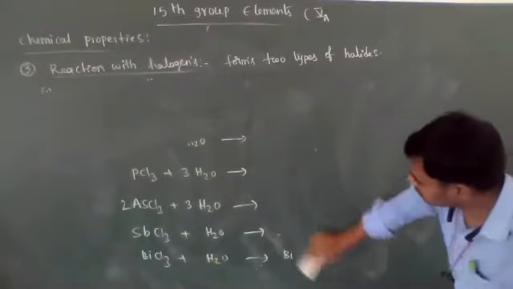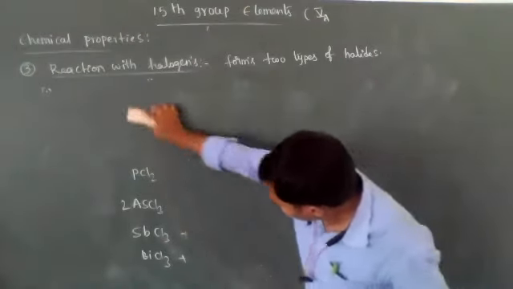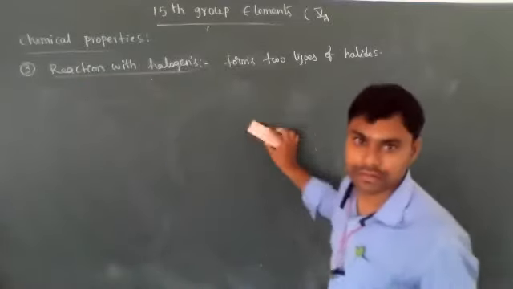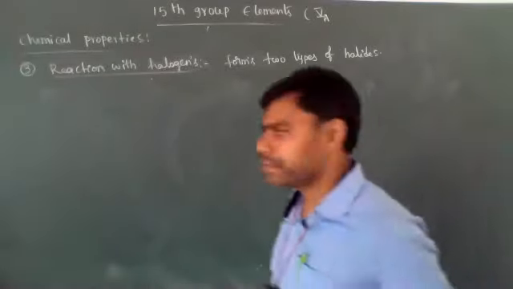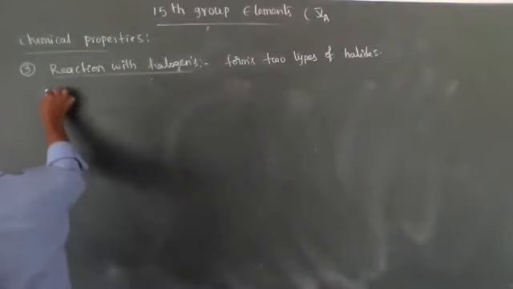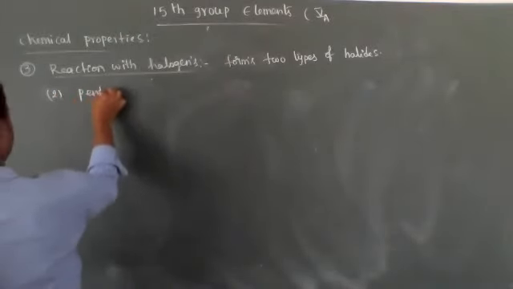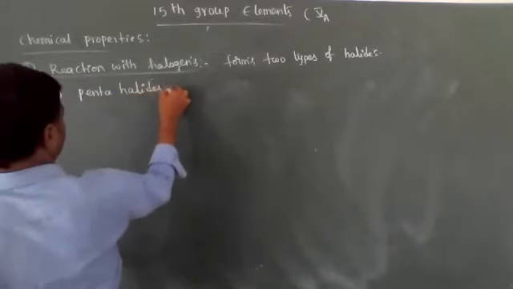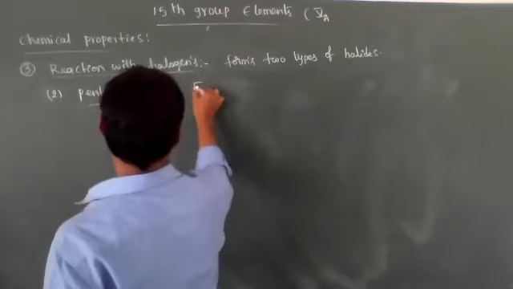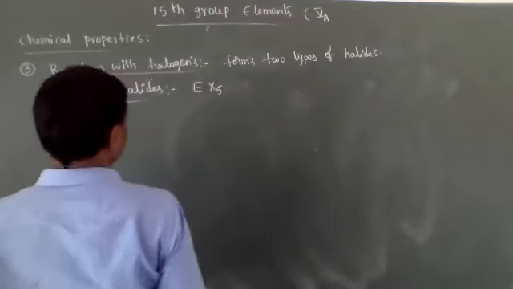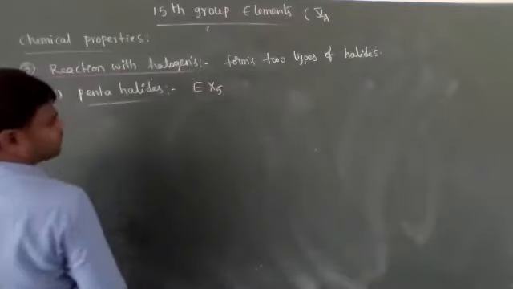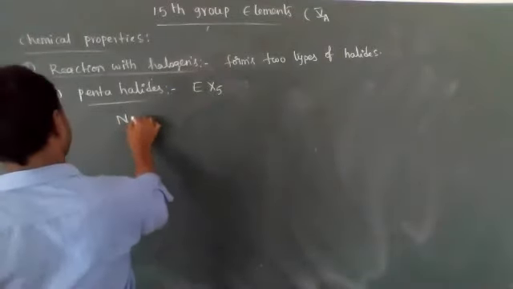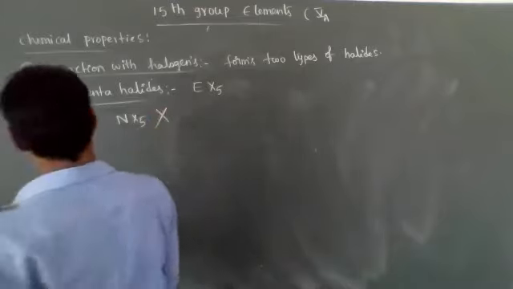Pentahalides, it's a very, very important one. The general formula of pentahalides is EX5, where E is, see, nitrogen. NX5 does not exist.